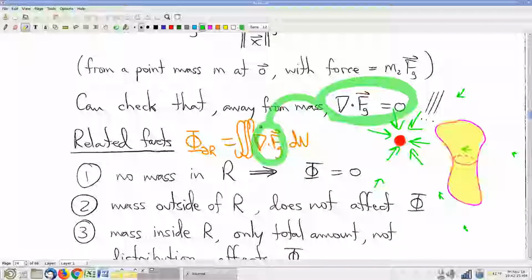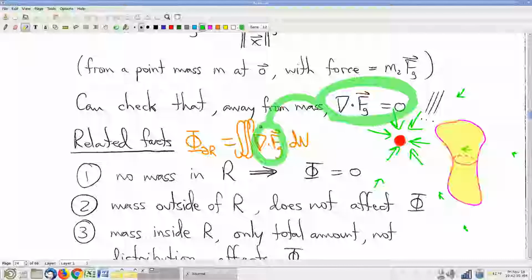We're taking a triple integral of 0. Flux is 0. We're done. How's that for a quick bypass of what otherwise would be a brutally inconvenient argument? Okay, so really neato.